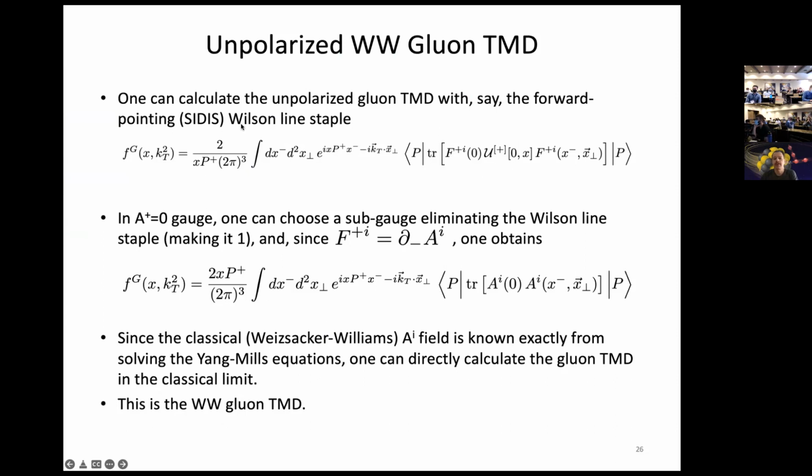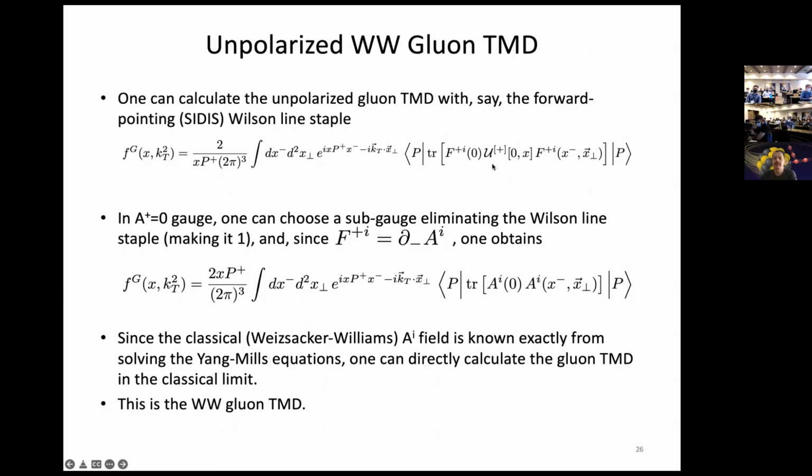Suppose I'm looking at the SIDIS type of Wilson line staple, so it's a forward pointing Wilson line staple. If you choose to work in A^+ = 0 light cone gauge, then one can actually choose a sub-gauge of that gauge to eliminate the Wilson line staple.